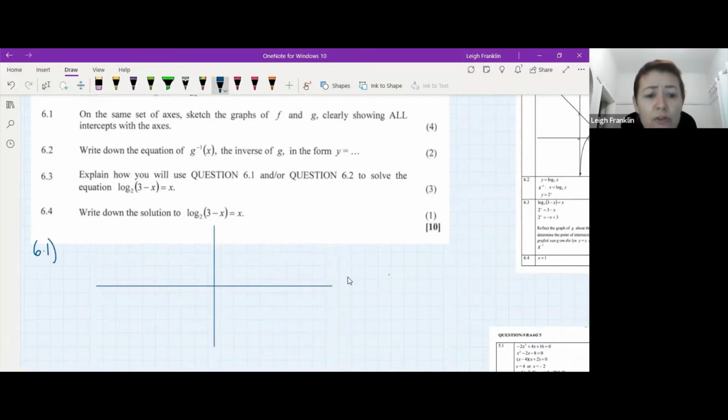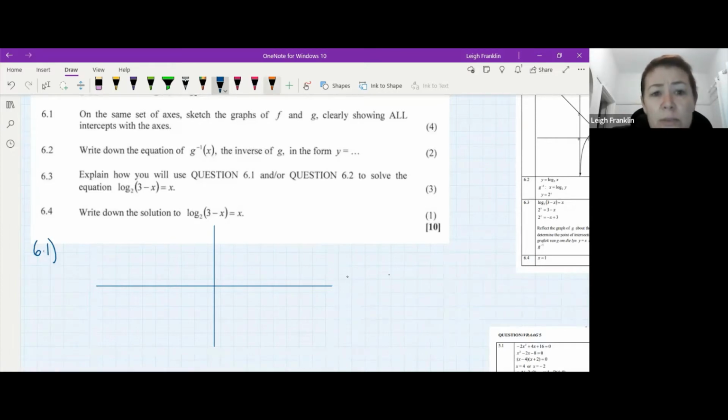The only thing that you need to label are the intercepts with axes or other relevant information. For example, if you're drawing a cubic function, you need to label the turning points, the x-intercepts and the y-intercepts. If you're drawing a parabola, you need to label the turning point, the x-intercepts, the y-intercepts. These graphs don't have turning points or any other sorts of things. So it's literally just going to be sketching the graph and then labeling the intercepts with axes.